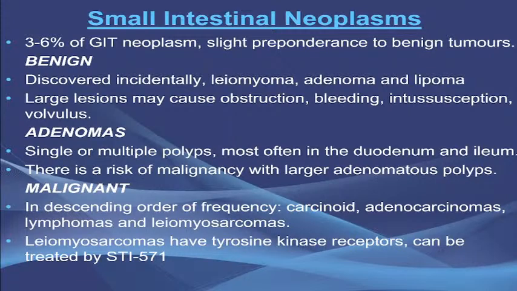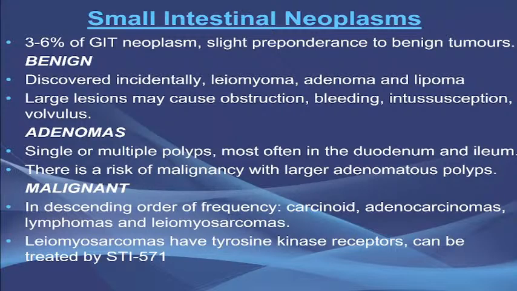Often discovered incidentally, they include leiomyomas or smooth muscle tumors, adenomas, and lipomas. Large lesions, even if they are benign, may cause obstruction, bleeding, intussusception, and volvulus. There may be adenomas, single or multiple polyps, often in the duodenum and ileum, and there is a risk of malignancy with larger hamartomatous polyps.